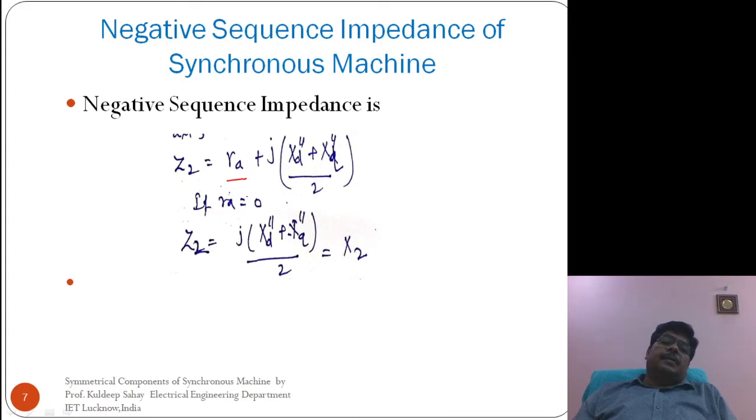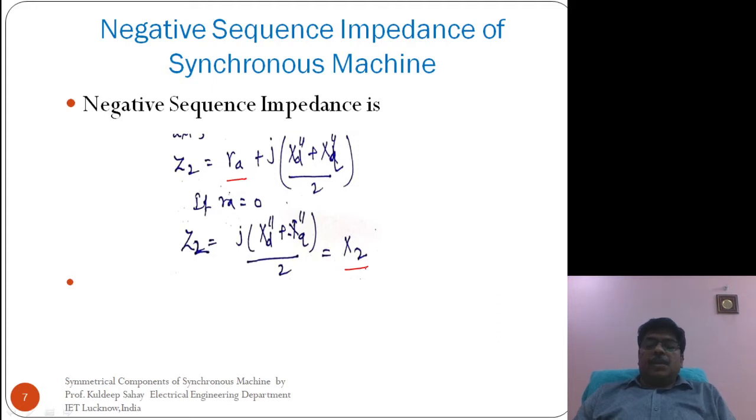If RA is neglected, you can write Z2 as j times the direct axis subtransient reactance plus the quadrature axis subtransient reactance divided by 2, or simply X2.